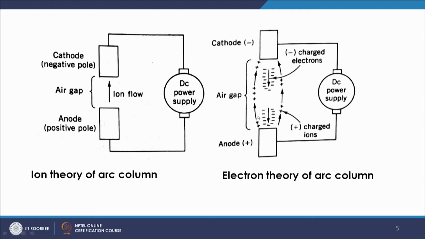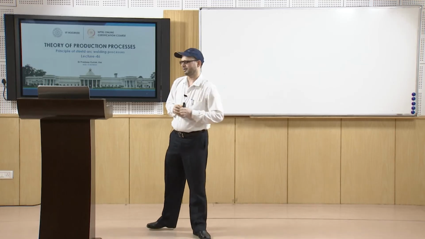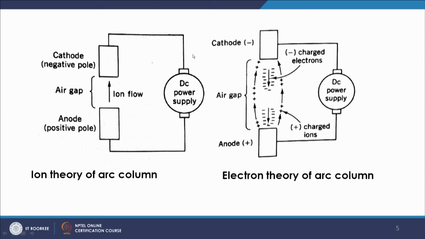Now, when we are using this DC power supply, as we know, the electrons will move from cathode to anode, and the ions will move from anode to cathode. You have three zones: one near the cathode, one near the anode, and another in between the cathode and the anode. They are moving at a very high velocity and bombarding over it.